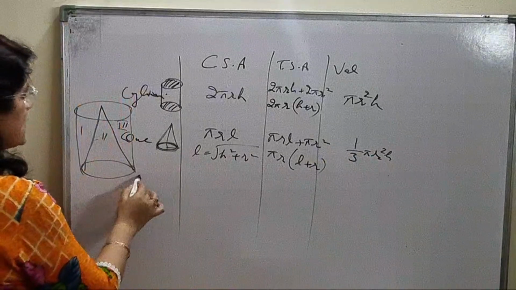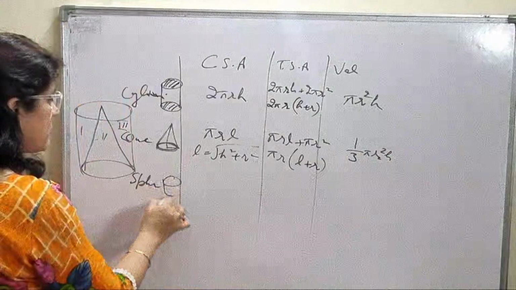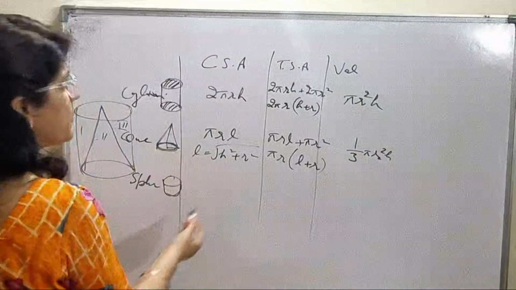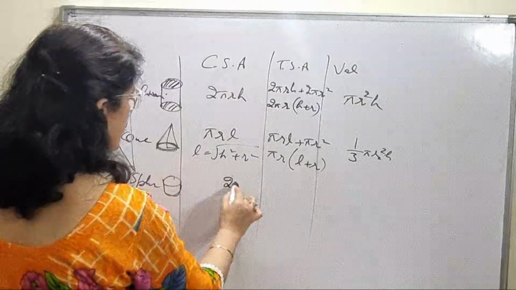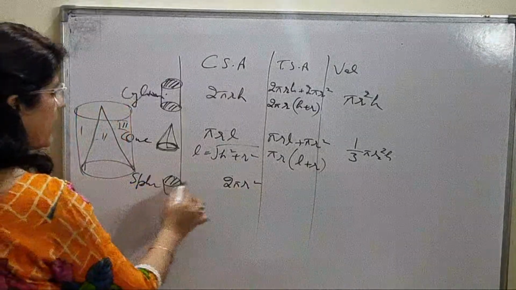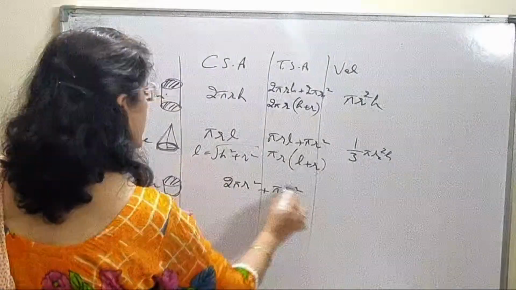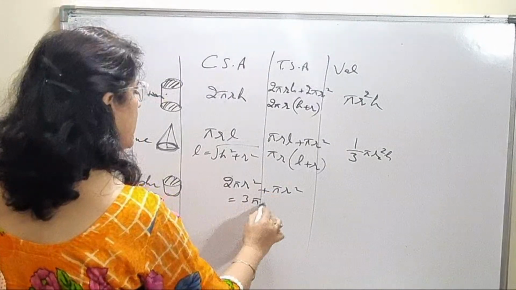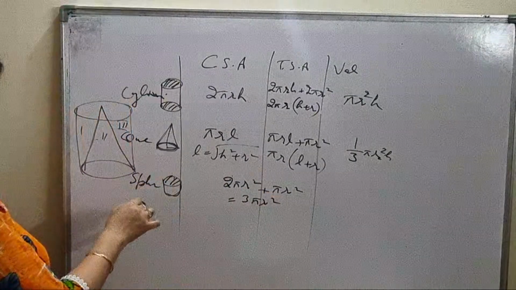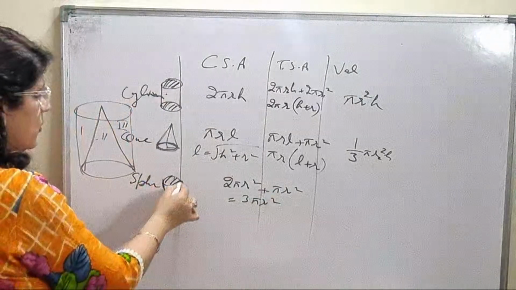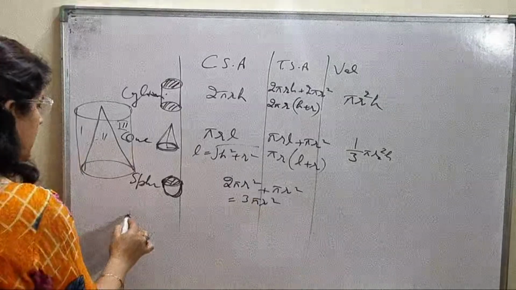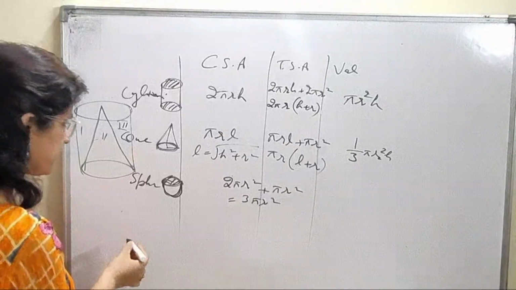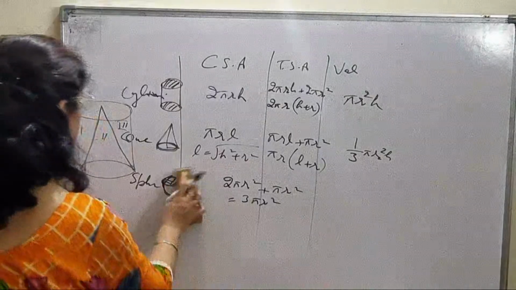Now coming to a sphere. For a sphere, what is the curved surface area? It is 2 pi r square for a hemisphere, and if it is covered then we need to add 1 pi r square and it will become 3 pi r square for the total surface area. I have taken a hemisphere here.